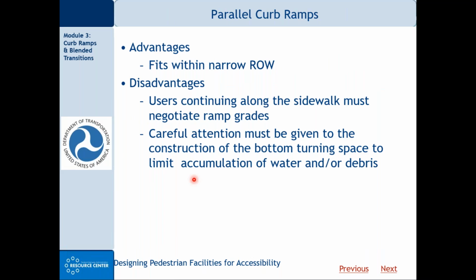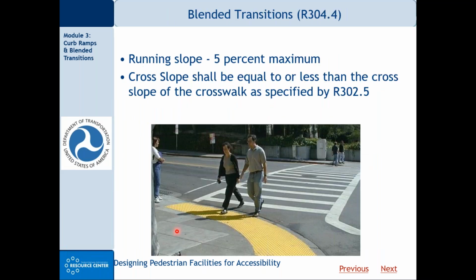To me, the main disadvantage is that because of where the bottom landing or turning space is, water and debris and sediment often accumulate there. So it is a maintenance issue to keep that area clear of sediment and debris. That, to me personally, is the main disadvantage of the parallel curb ramp.